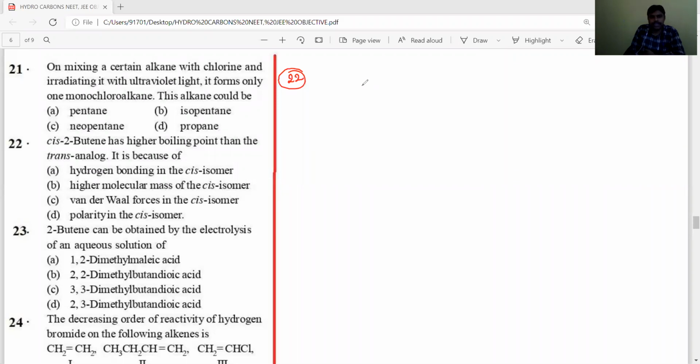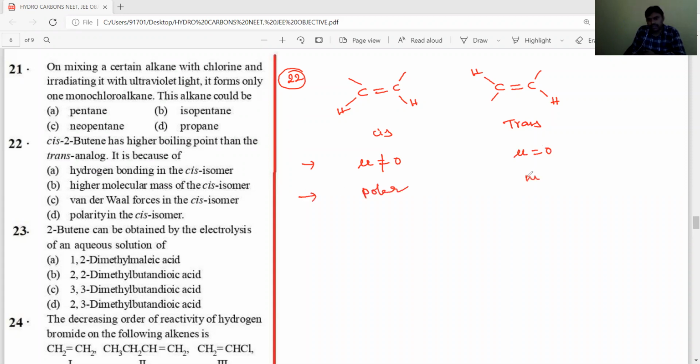Cis butene. This is cis butene, cis and trans. Okay, students, this is trans. Its dipole moment mu is not equal to 0 in the cis isomer, and here the dipole moment mu equals 0, meaning it is non-polar.